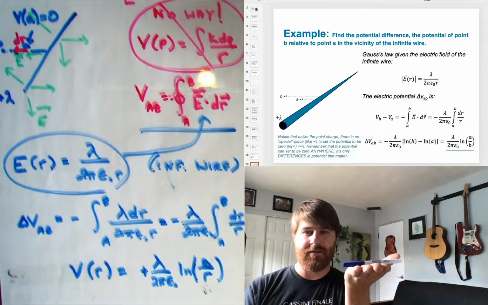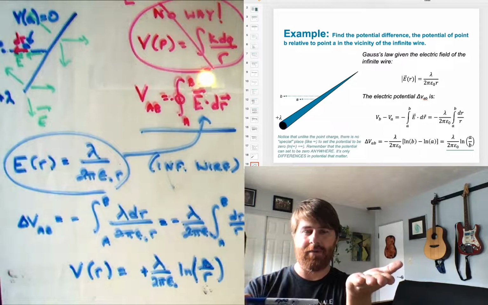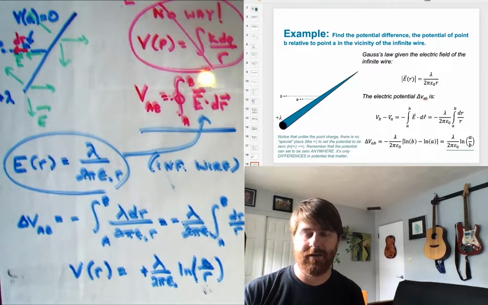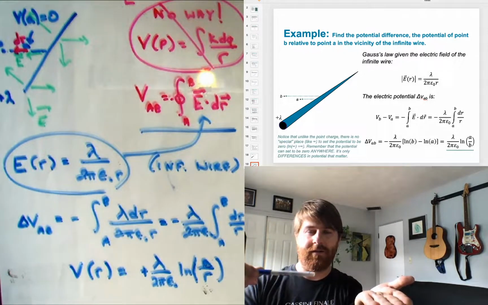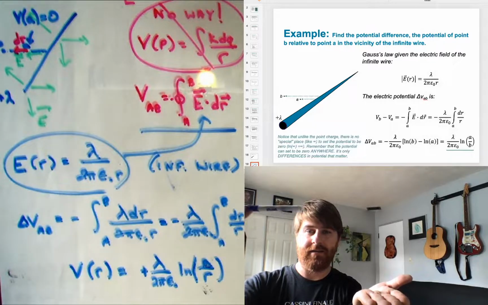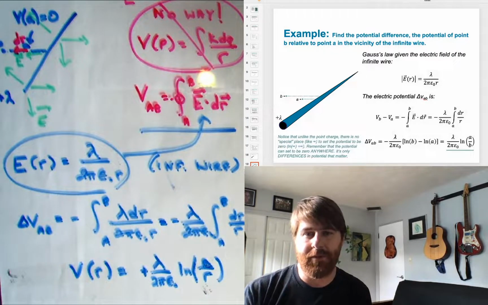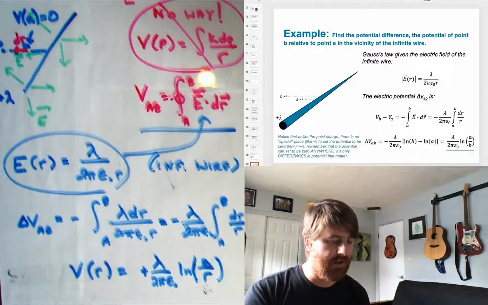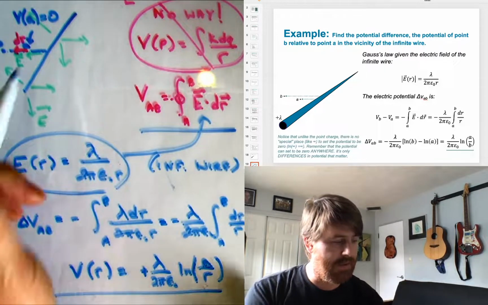All that ever matters, though, is if the marker goes between one point and another point, the potential energy changes by a certain amount. And the change in potential energy, U final minus U initial, is the same regardless of the starting point, the point where I say that the potential is 0. Okay? So it's arbitrary, and we can set our 0 of potential to be anywhere we want, including at point A.